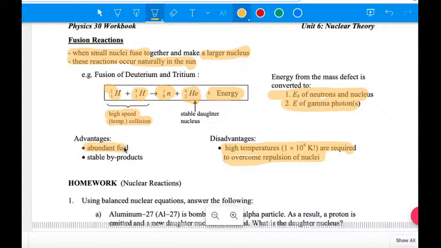Advantages: it's abundant fuel, we got stable byproducts, right? All we need to use is these abundant deuterium and tritium atoms. Disadvantage: we need to be super hot, like as hot as the center of the sun. So not super feasible.